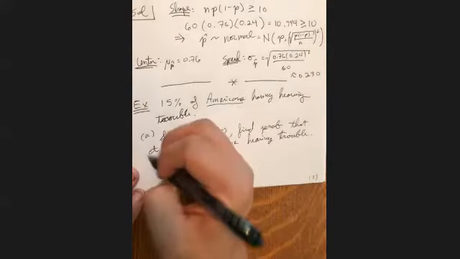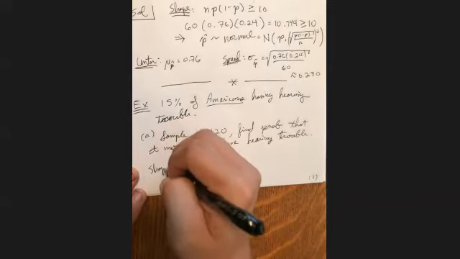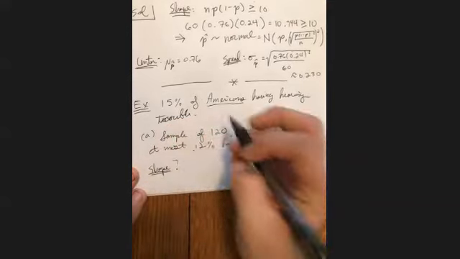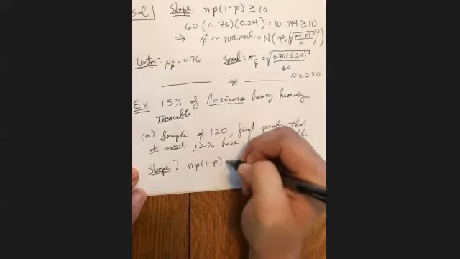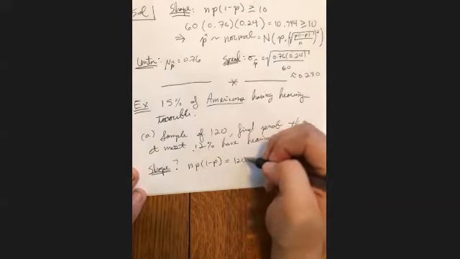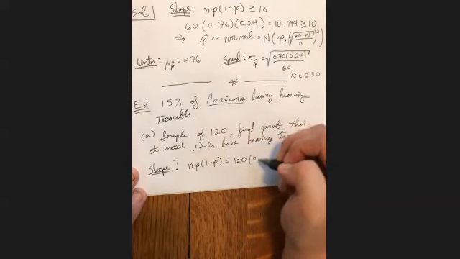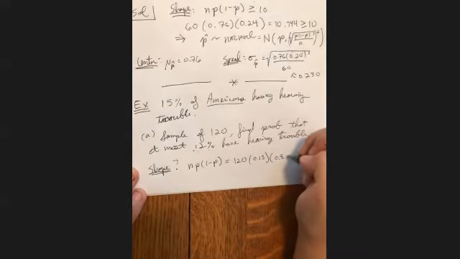So the first thing we do is check the shape, which means check n times p times 1 minus p. What does that equal? Well, our n is 120, our p is 0.15, and our 1 minus p is 0.85. So we're going to multiply those three numbers together.